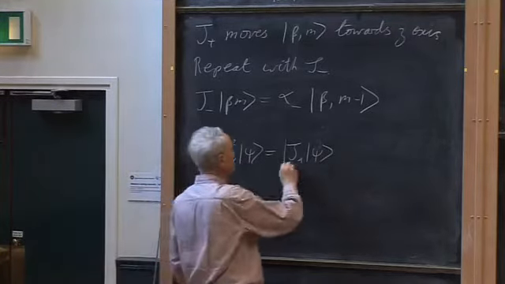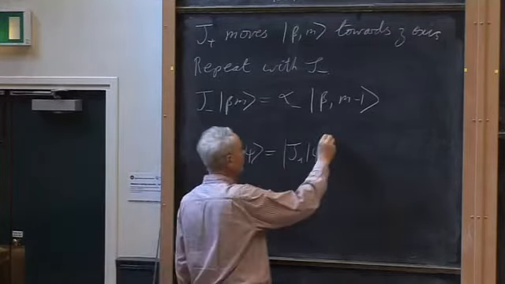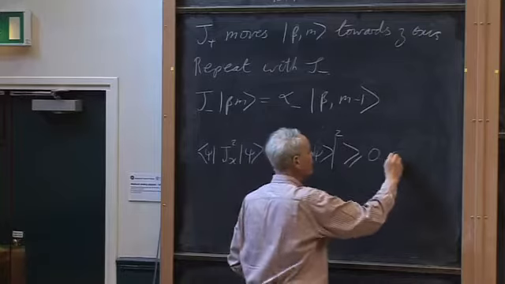It's jx psi mod squared, because if you take the mod square of this, what you're doing is taking the Hermitian adjoint of this, which is jx itself, and multiplying it into this, so you end up with this. And this is the length squared of a vector, so it's greater than or equal to nothing for all psi.